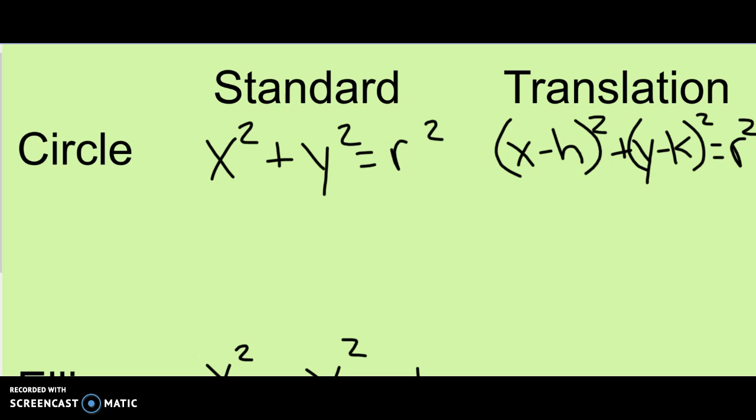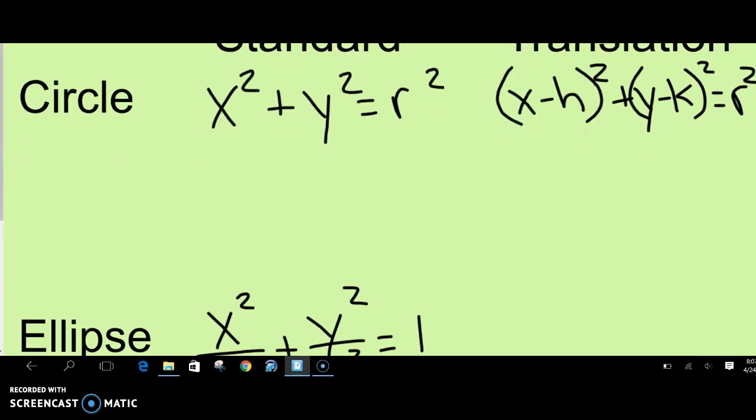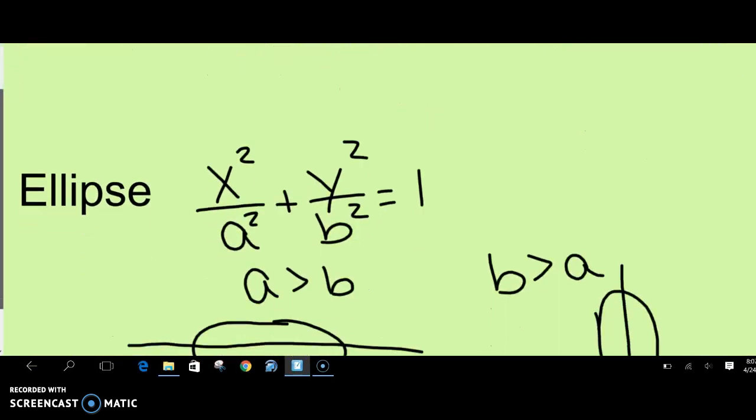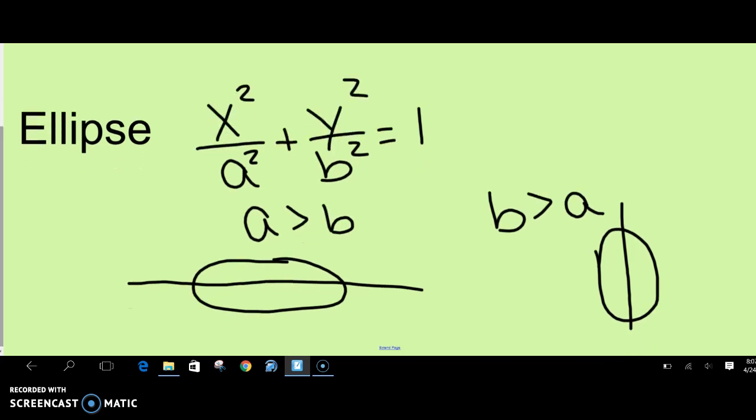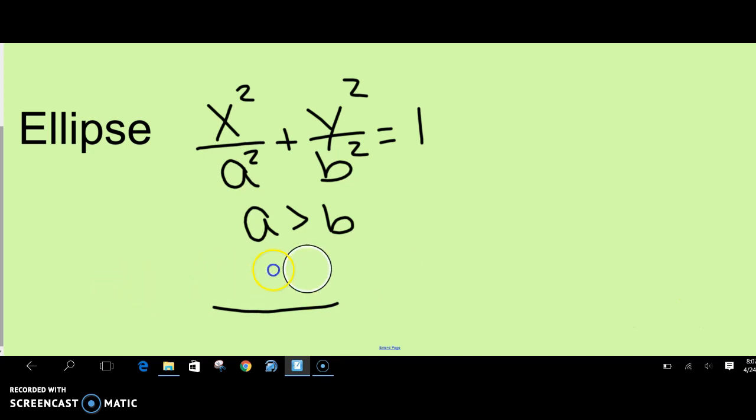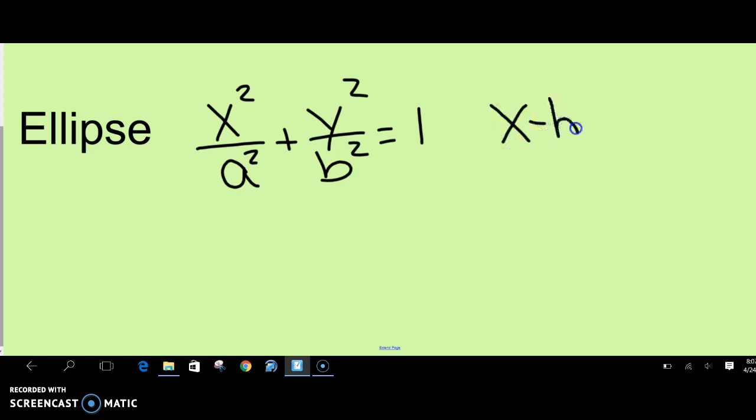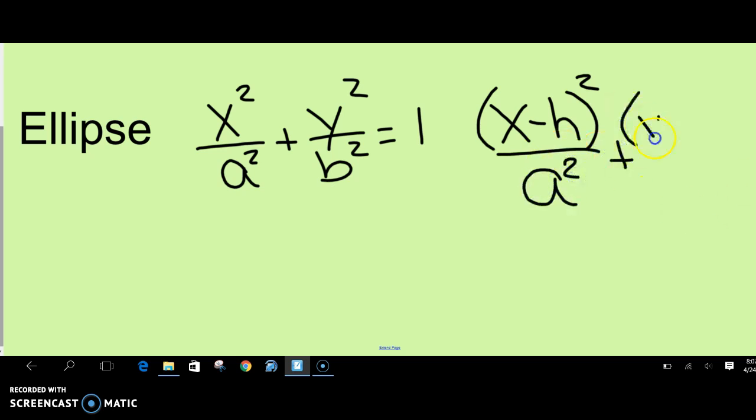Okay, so where was I? Okay, let me move this down a little bit here. All right, so that was when it's centered at the origin. But let's say you want to translate it. You're going to do exactly like you would have in a circle. And then you're just going to have a squared. And then you've got y minus k all squared all over b squared, and that still equals 1.